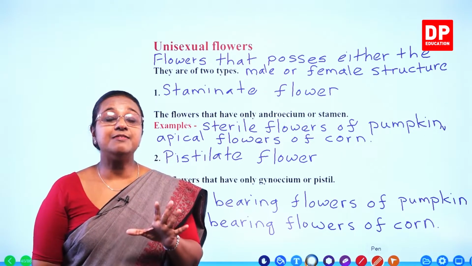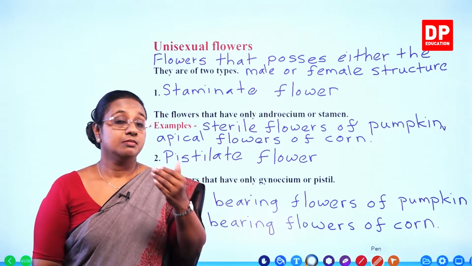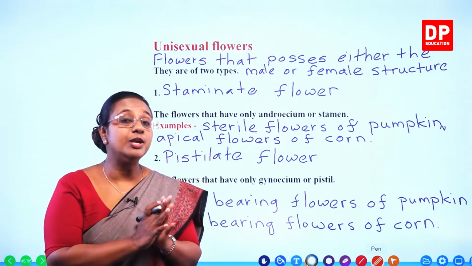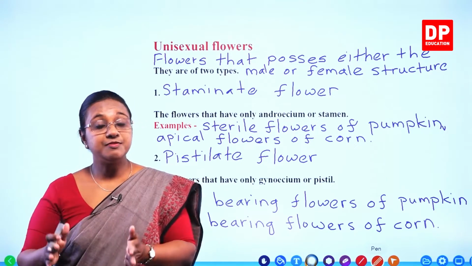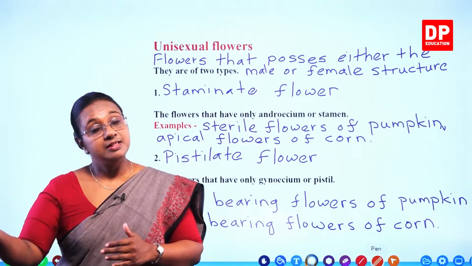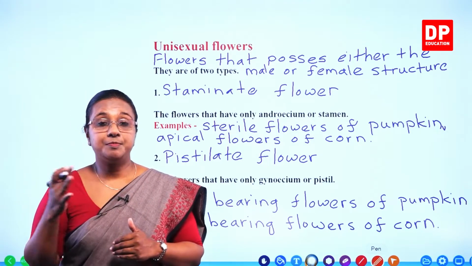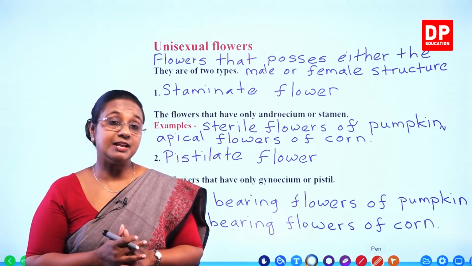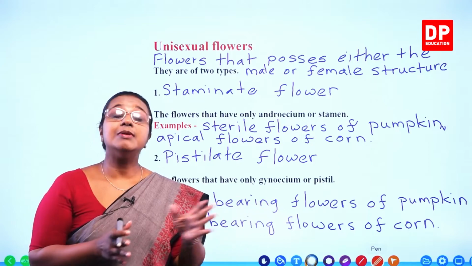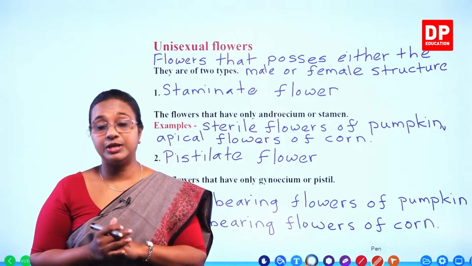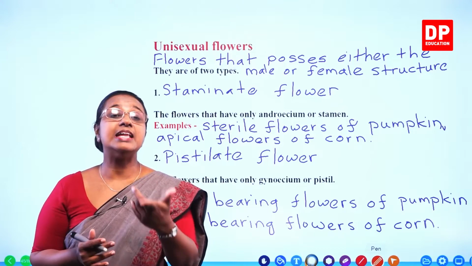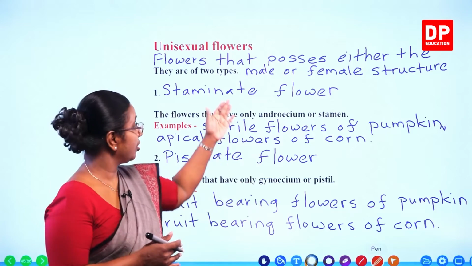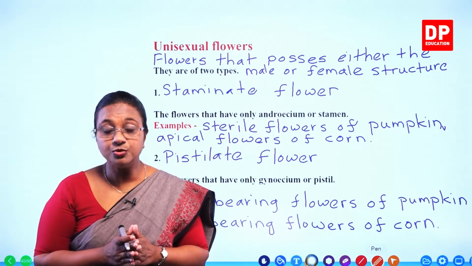For example, coconut: both the pistillate and staminate flowers are on the same plant. Whereas certain other plants have two plants. One plant will have the staminate flower, the other plant will have the pistillate flower. Based on that, we divide plants into two types, monoecious plants and dioecious plants. That is what I will be discussing after I show you the examples for these two flowers.